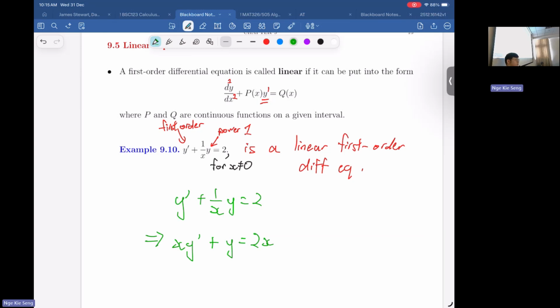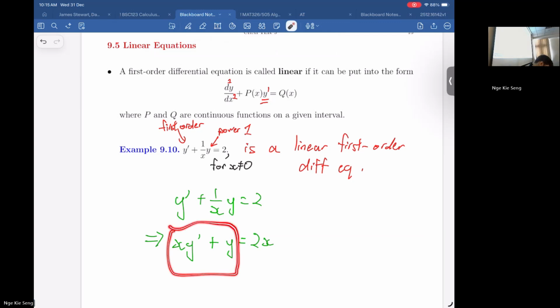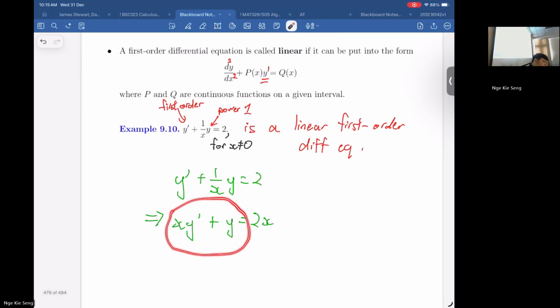If we write up to this stage, do you have any idea on how to solve for y? Maybe look at this term here. Does this term look familiar or not? You have a derivative here, and here there's no derivative, but x disappears. You differentiate one side, differentiate the other side.